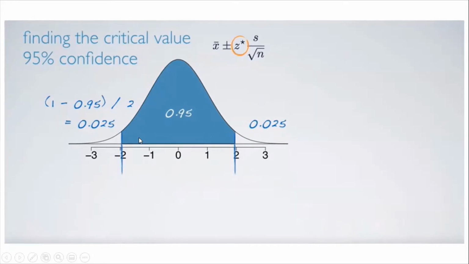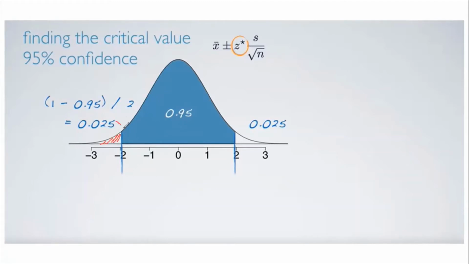Do you remember when we talked about probability, this is the probability of the area under the curve? But here the 95% CI is not under the curve, it is the middle portion between 2 points. We cannot find that directly, so first we need to find this portion.